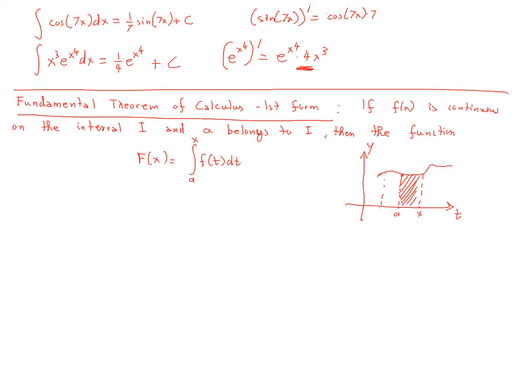Then this function given by this formula is an antiderivative of f of x over I. So what this theorem tells you is that all reasonable functions do have antiderivatives. So trying to find antiderivatives is not a meaningless task. It always exists.